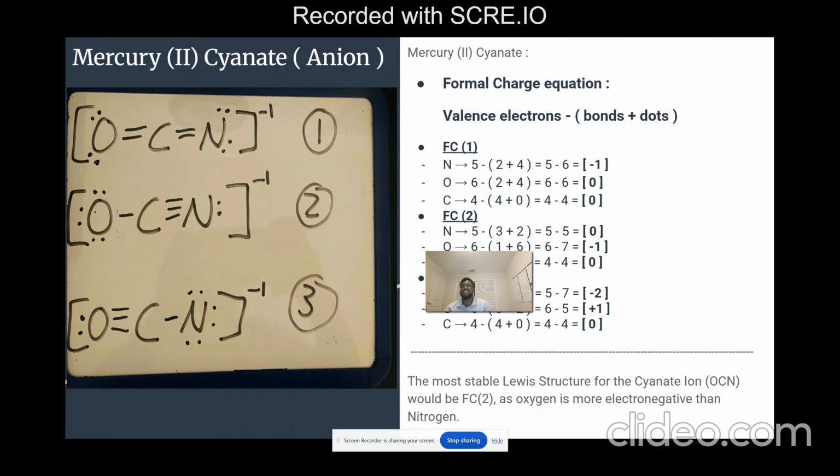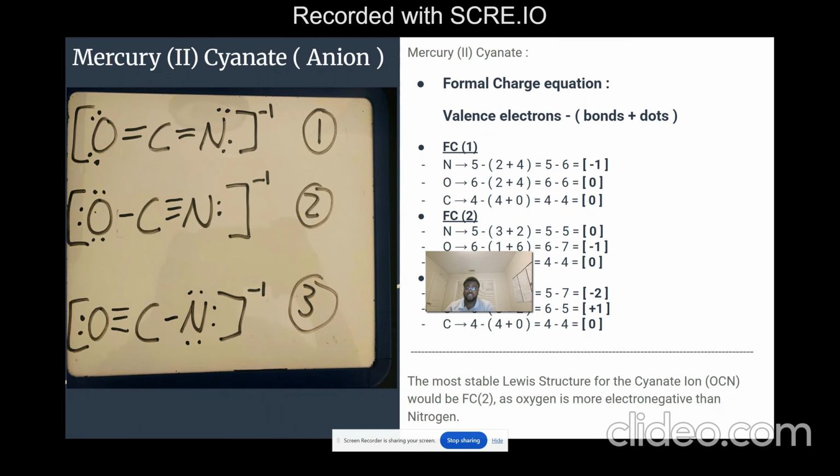Now, for cyanate, it would be a little bit different, as they both actually have a -1 only on different atoms. However, if we go back to our understanding of electronegativity, it would still be a -1 charge that we would want on our most electronegative atom, which would still be oxygen.